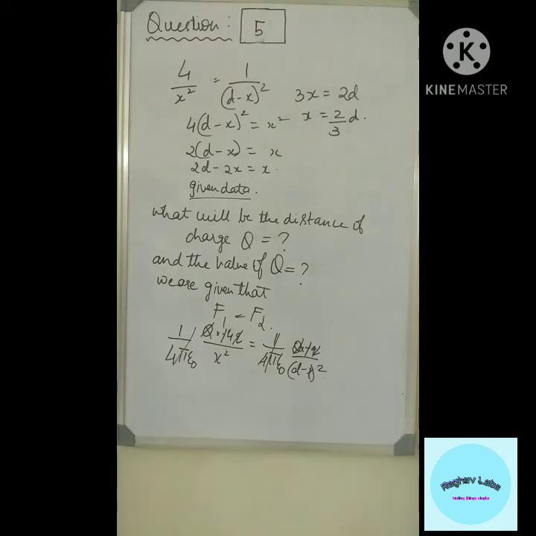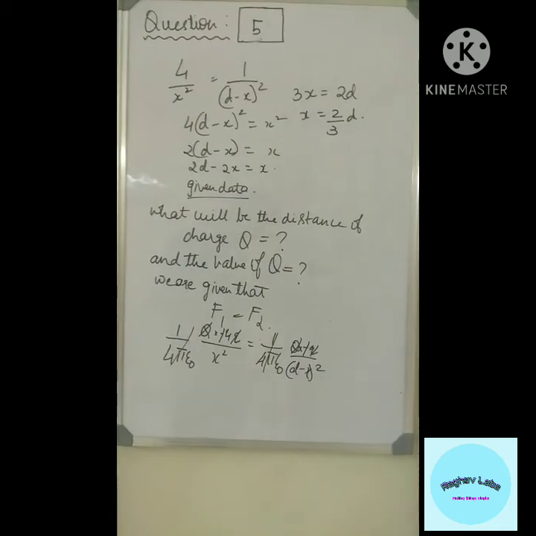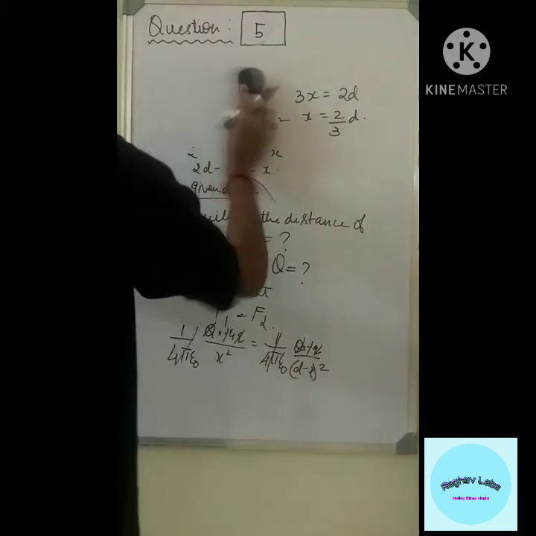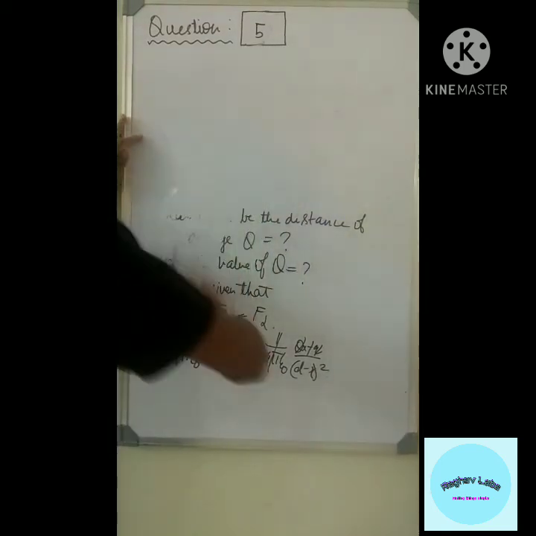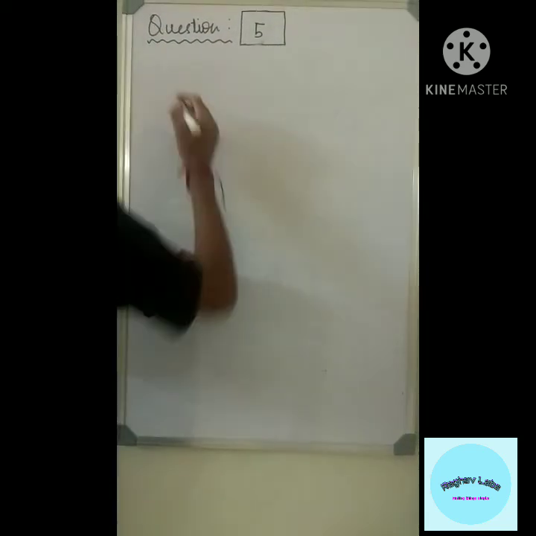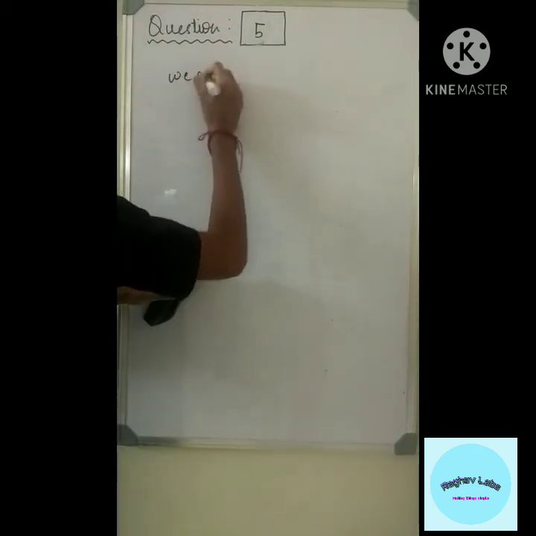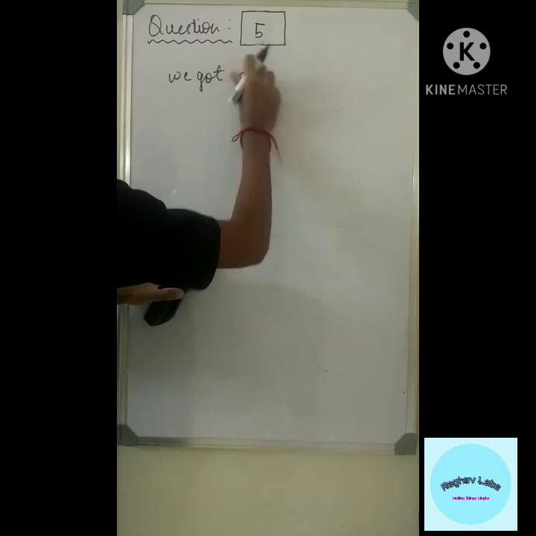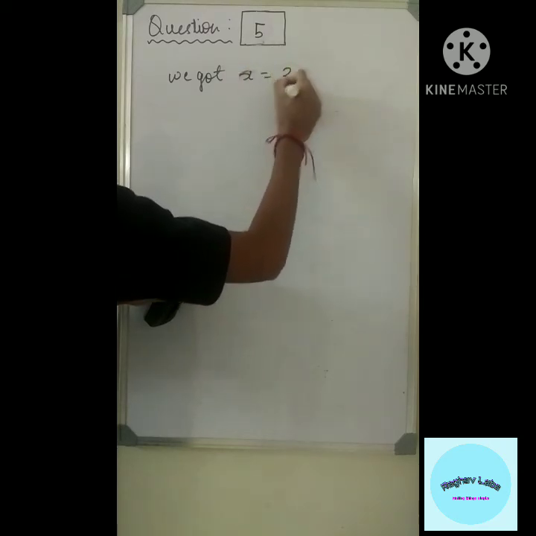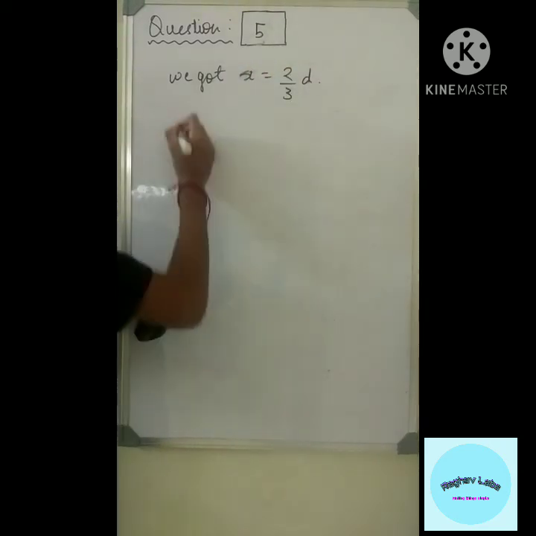So now we got the value of x in terms of d, right? So now it's a bit easy for us to find. We got x is equal to 2 by 3 d, right?